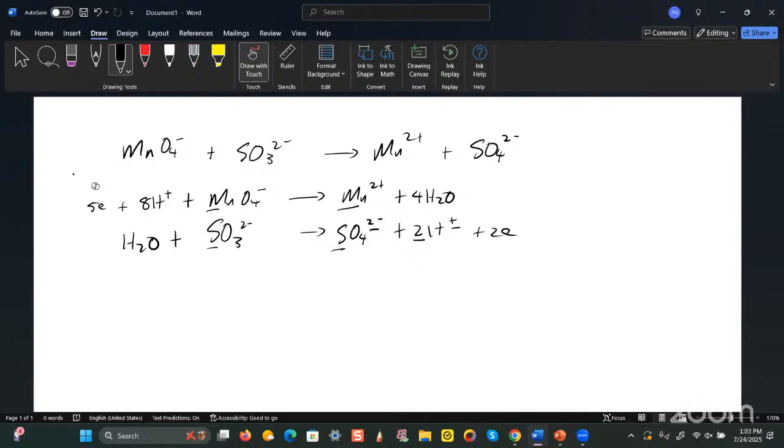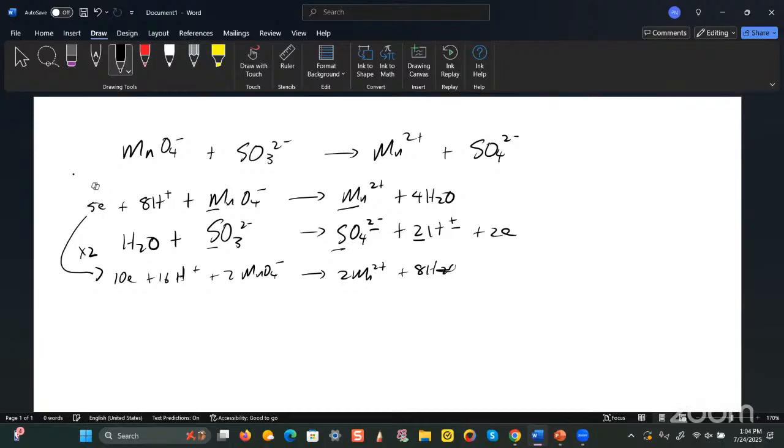Multiply top by 2, the bottom by 5. Exactly. So multiplying this equation by 2. Now remember, you have to multiply everything by 2, right? So this would be 10 electrons plus 16 H+ plus 2 MnO4-. And then on the right side, you're going to have 2 Mn2+ and 8 H2O, right?